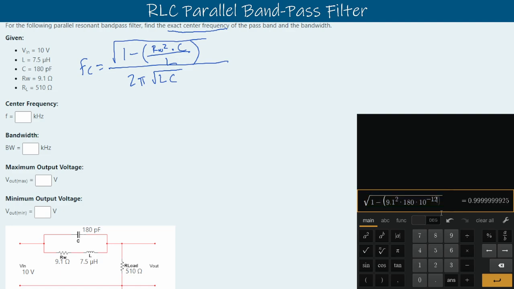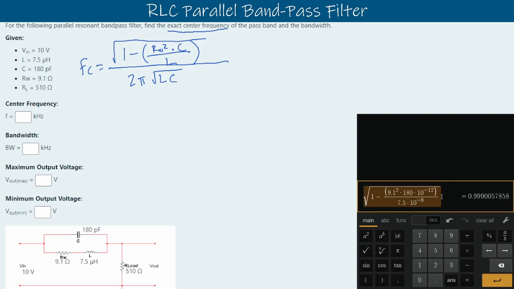And that whole thing, we'll close that parenthesis so that we can divide just that upper half by our inductor of 7.5 micro. So 7.5 times 10 to the negative 6. Oh, I didn't miss that negative there. To the negative 6.